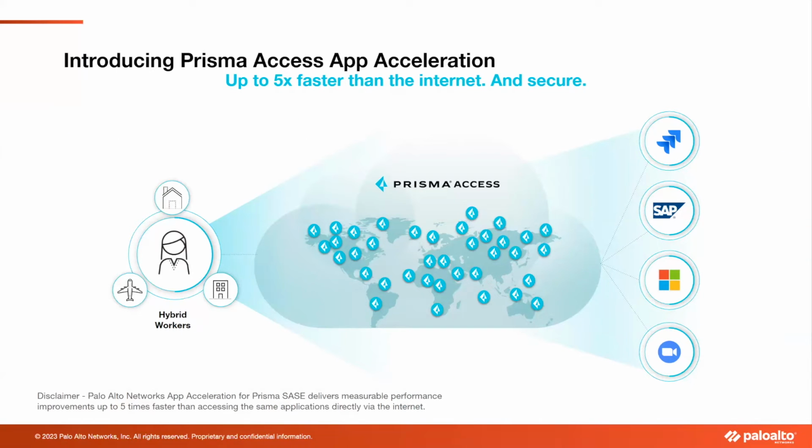It will help you improve the latency from a user to app standpoint. We're happy to have more demos and offline conversations with you on how this is executed. It will provide up to 5 times faster latency results than the regular internet.